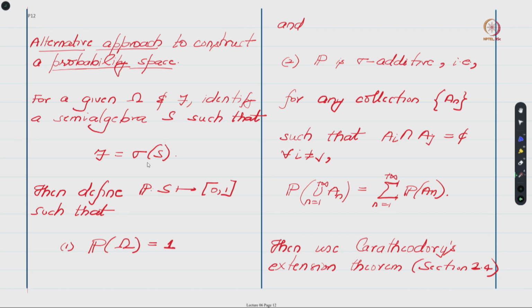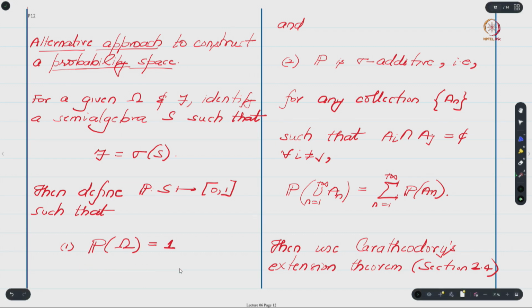Let us say you are given some omega and some sigma field F, and you want to define some probability measure on F. The way to go about it would be to first identify a semi-algebra S that generates your sigma field F. Once you have this, you define P on this semi-algebra S so that it satisfies the following two properties.